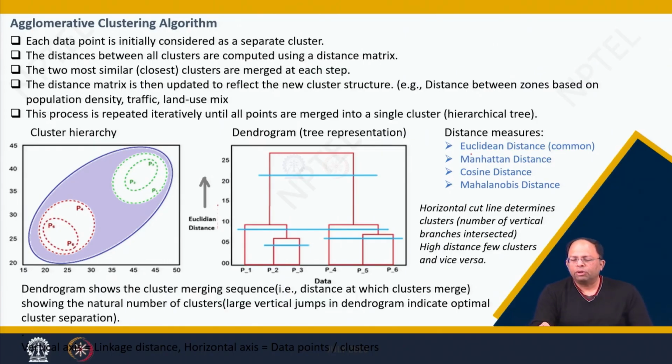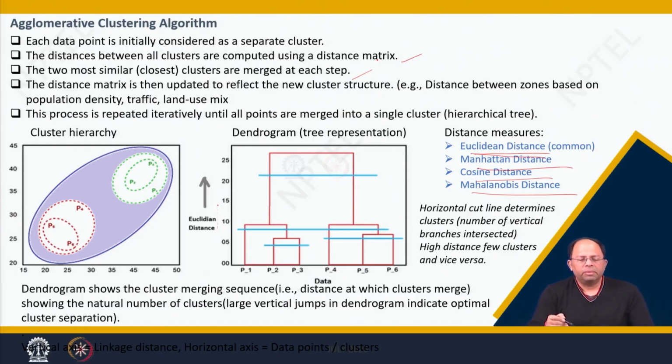It could be Euclidean distance, that is straightaway distance using x and y, then Manhattan distance, cosine distance where direction is also involved, Mahalanobis distance, and so on. We have discussed this earlier as well. So, the distance metric governs the criteria for how to form clusters, and the 2 most similar, closest clusters are first merged, and then we keep on merging, right.